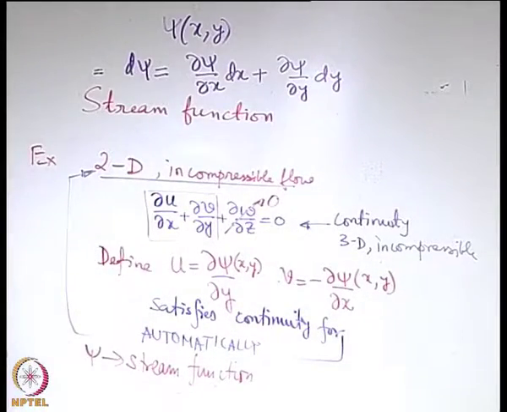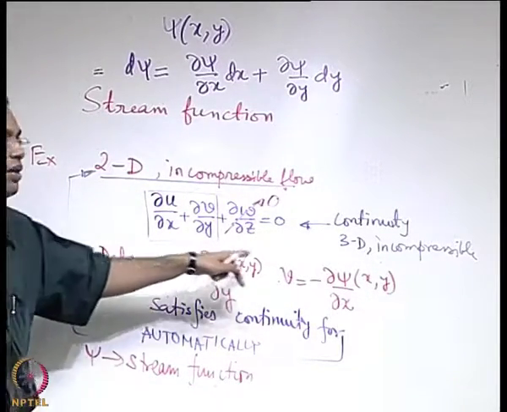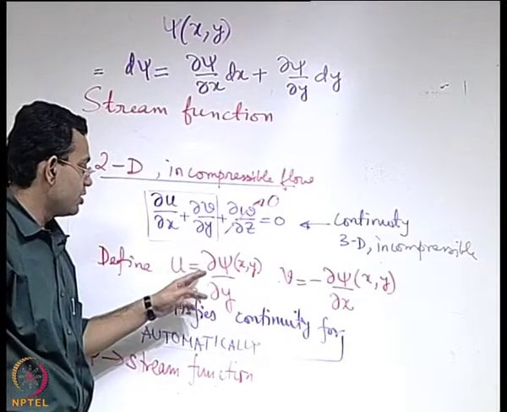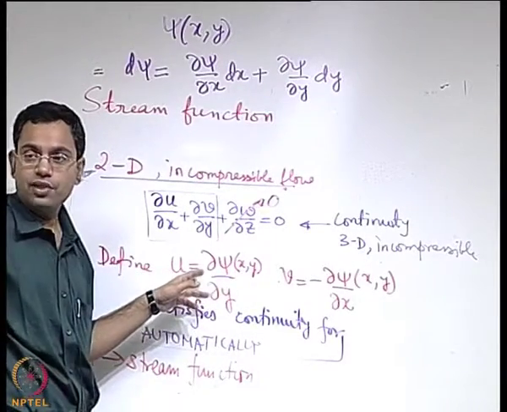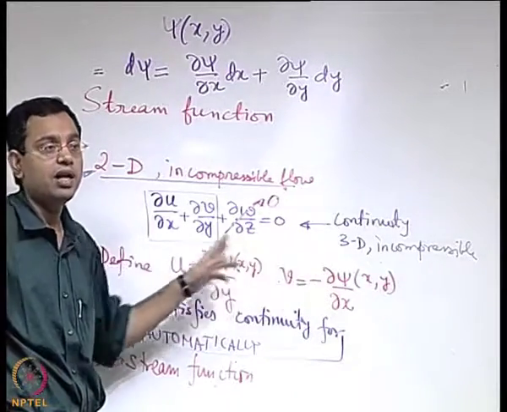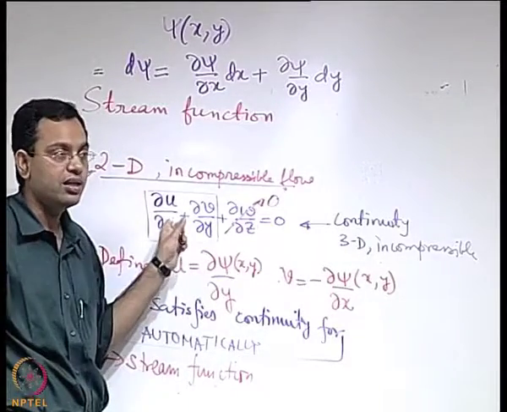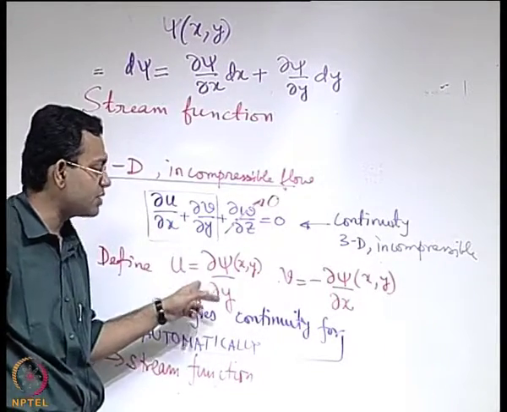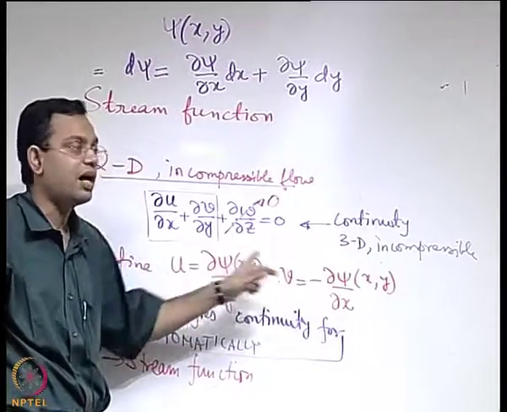Right. Now, let us substitute the u and v. Remember one thing, one could also write u as minus of this and v as plus of this. So, there is no sanctity with this plus or minus; the only thing is they have to be of opposite sign to satisfy the continuity equation. Different books will take either this as plus and this as minus, or this as minus and this as plus.